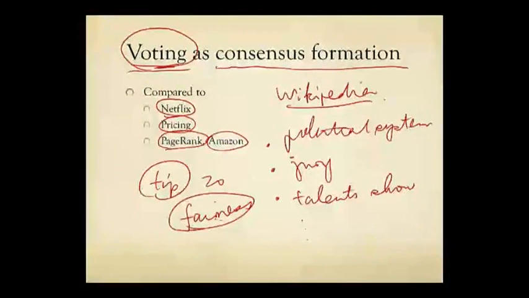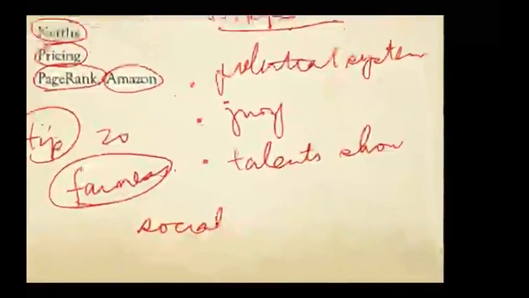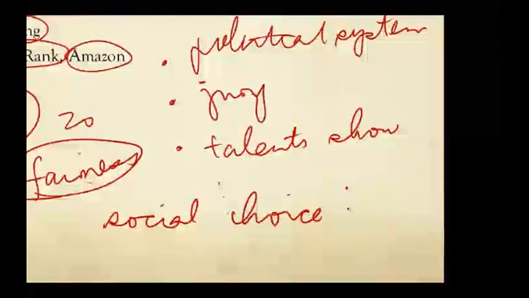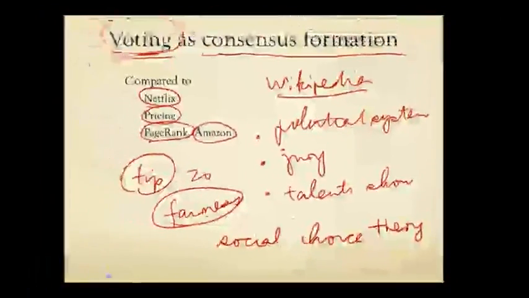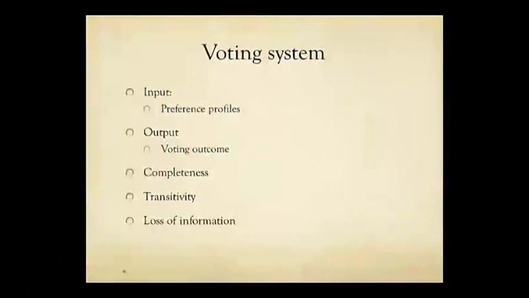Voting and fairness theory are the two pillars in the so-called social choice theory that's extensively studied in economics, in politics, in philosophy, and so on. And some of our study will be based on very famous results on the impossibilities of axiomatic systems.